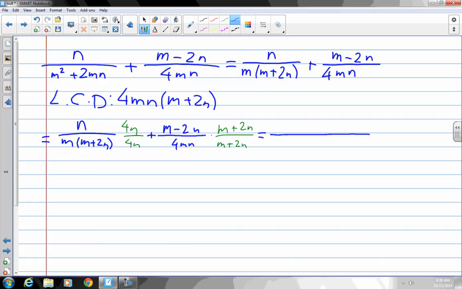Okay, so these two expressions have the same denominator, so it doesn't matter what it is at this point. But what's in my numerator? It's n times 4n, so that's 4n squared, plus the product of m minus 2n, m plus 2n.